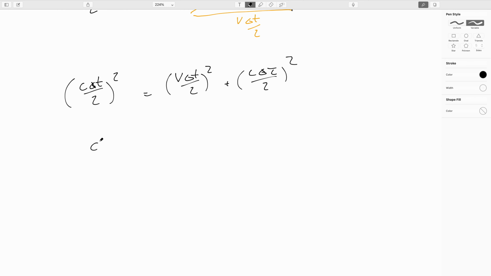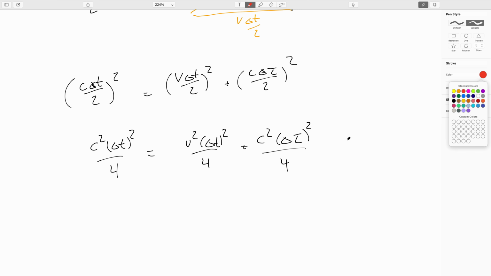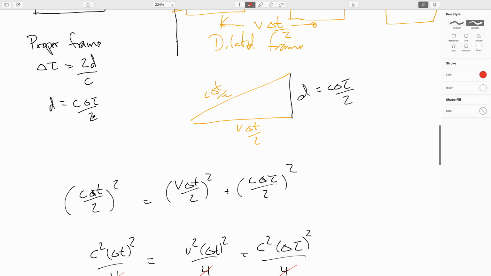All right, let's just square everything. So this is going to give me c squared delta t squared over 4 is equal to v squared delta t squared over 4 plus c squared delta tau squared over 4. And we will have a cancel-palooza of the fours. So the goal now is to try to express delta t in terms of delta tau, the time elapsed in the proper frame.